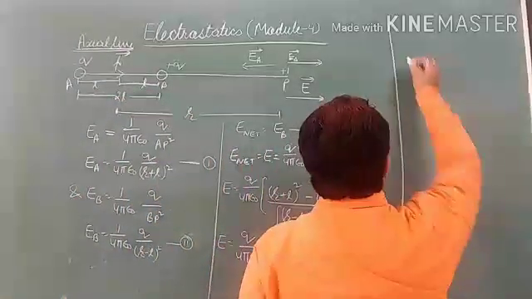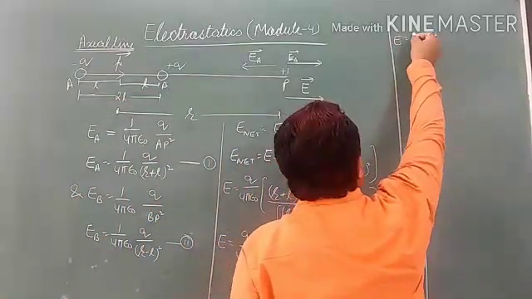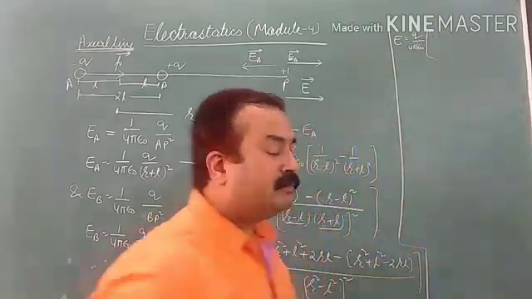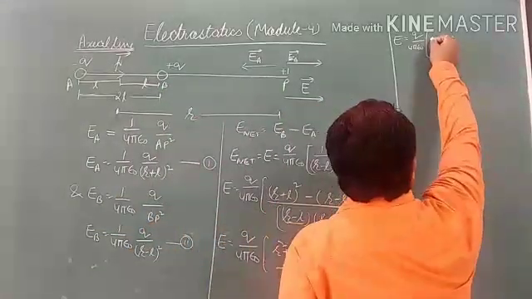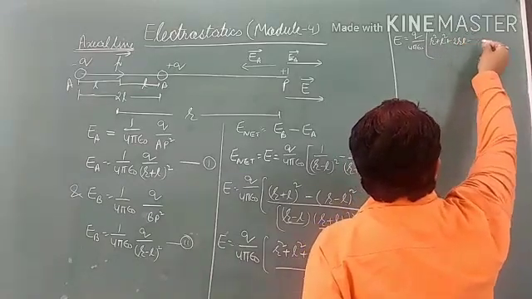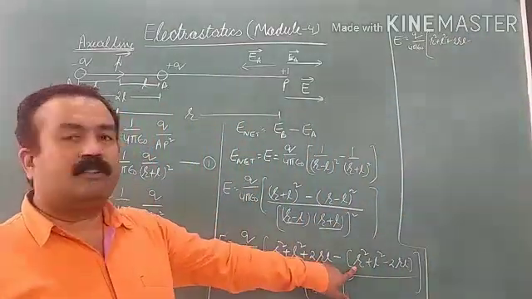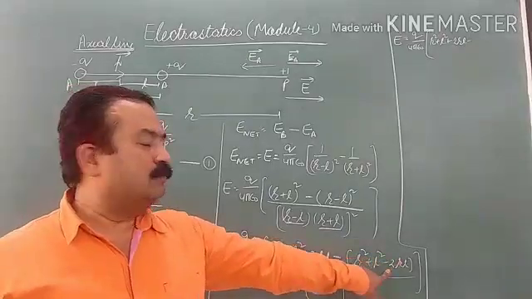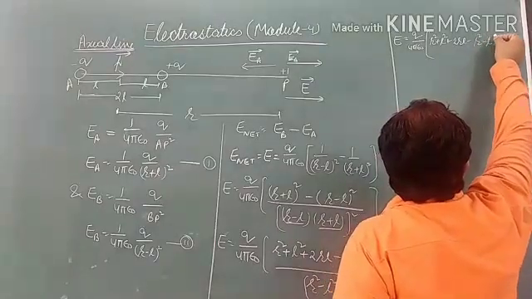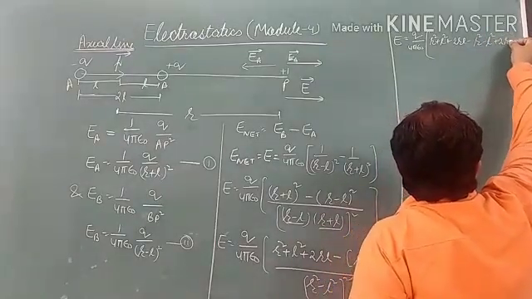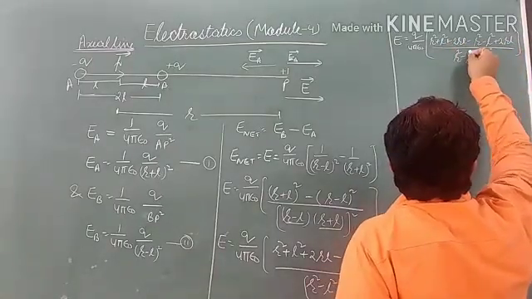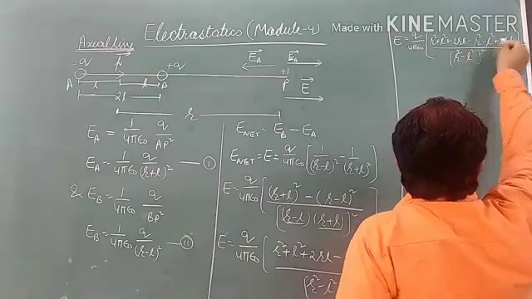So we can write Q upon 4 pi epsilon naught times R square plus L square plus 2RL minus R square minus L square plus 2RL, over (R square minus L square) whole square.